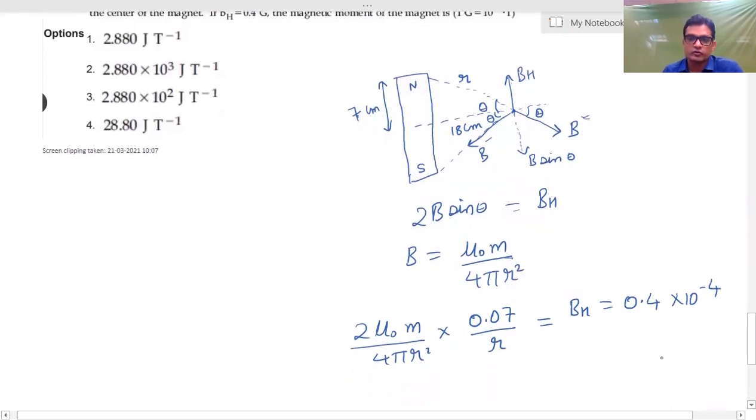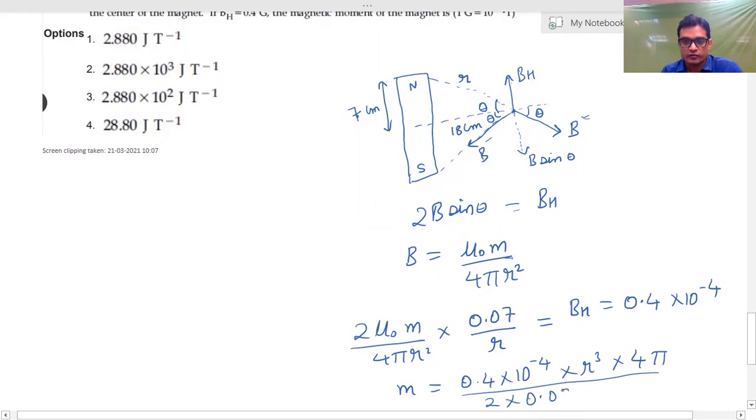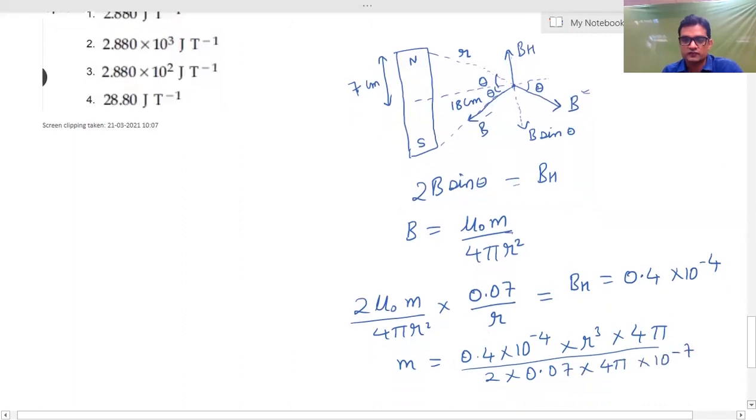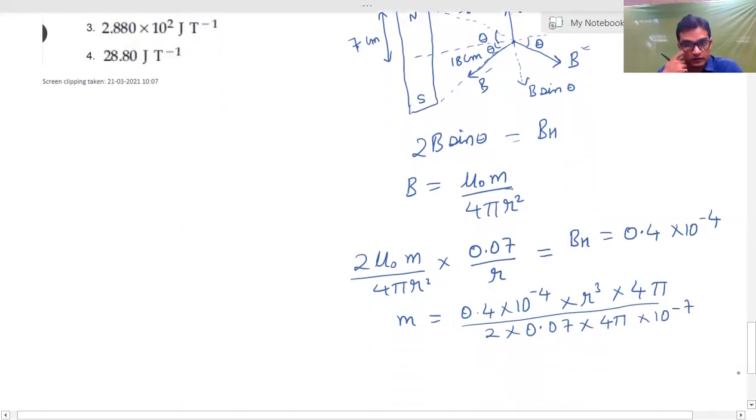So if we substitute the values here, M will come out to be 0.4 into 10 to the power minus 4 into r cube into 4 pi upon 2 into 0.07 into 4 pi into 10 to the power minus 7. So there is a little calculation.